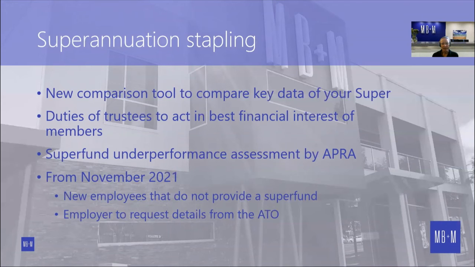It's increasing the duties of trustees to act in the best financial interests of their members. There's legislation outlining all of this if you need it. And superannuation underperformance assessments by APRA as well. That is a fairly complex area that our super team is all on top of.